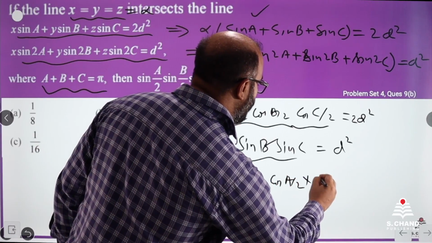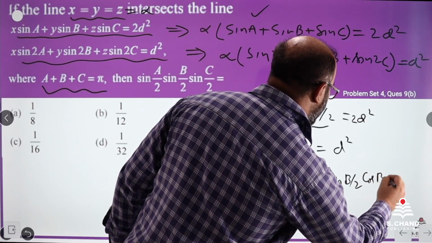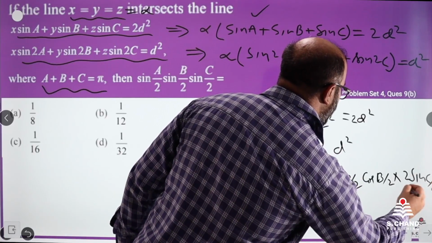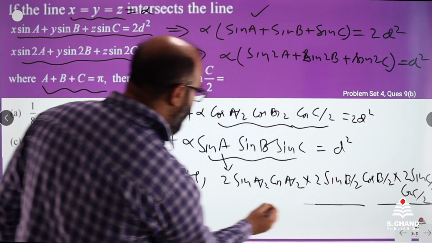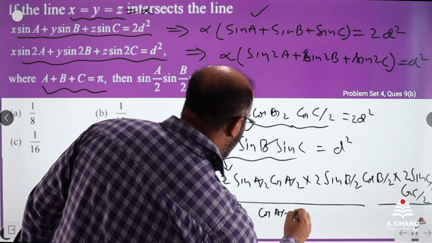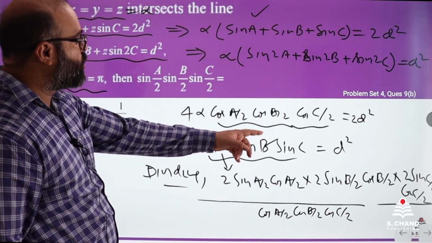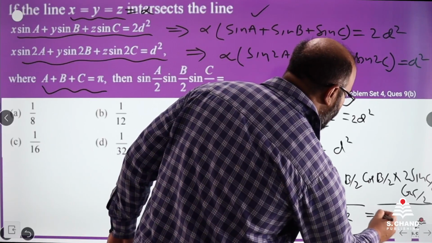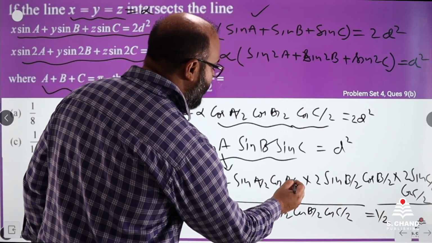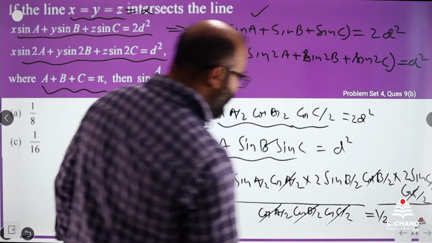Similarly, sin B can be written as 2 sin B by 2 into cos B by 2, and sin C can be written as 2 sin C by 2 cos C by 2, divided by cos A by 2 cos B by 2 cos C by 2, is equal to b square by 2b square, that will be half. b square will get cancelled, and then cos A by 2 will cancel, cos B by 2 will cancel, and cos C by 2 will cancel.